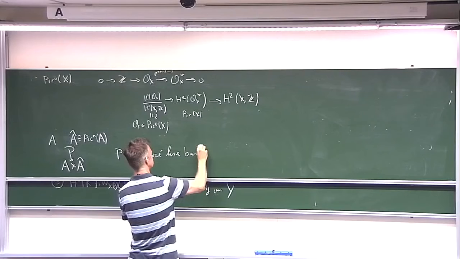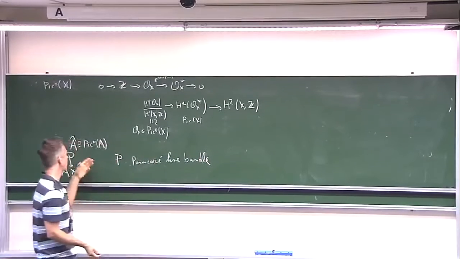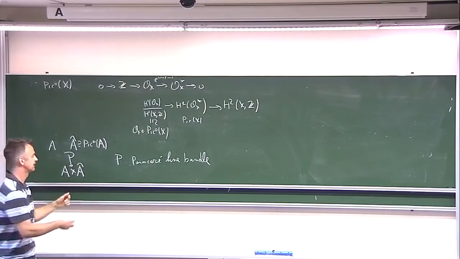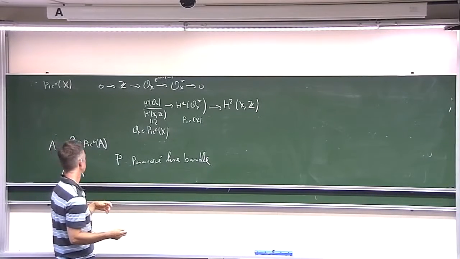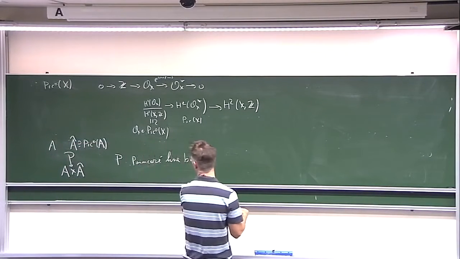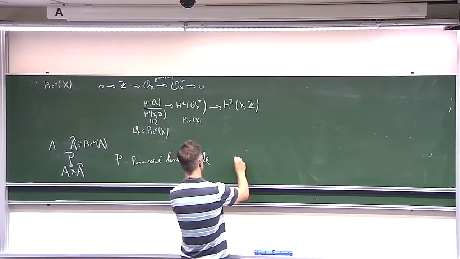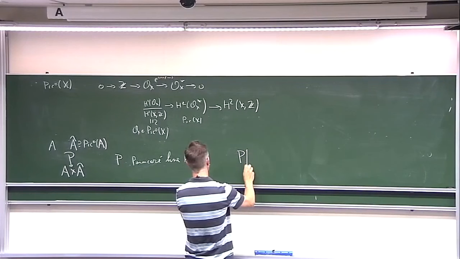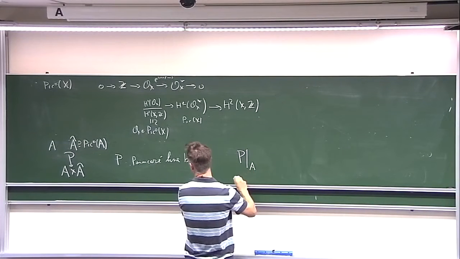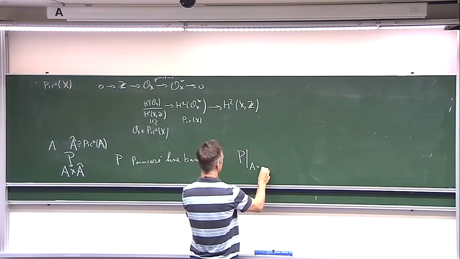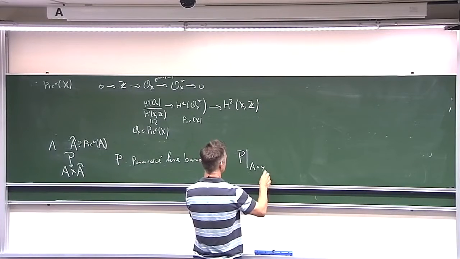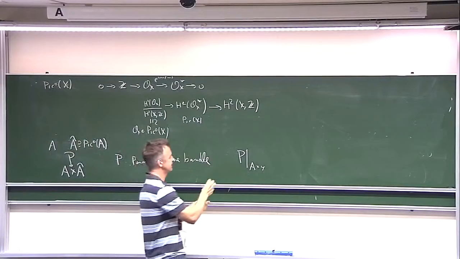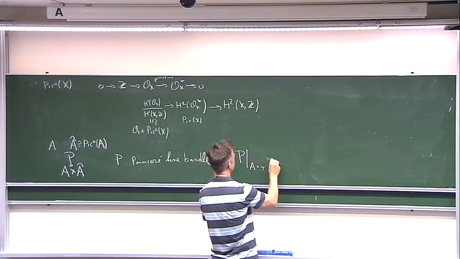So what property does it have? It's sort of the universal line bundle for this moduli problem. So let's write down some of the properties. First of all, I want to assume that P, when I restrict it to A times any point, let's say y, where y is any point in A hat, is a topologically trivial line bundle.